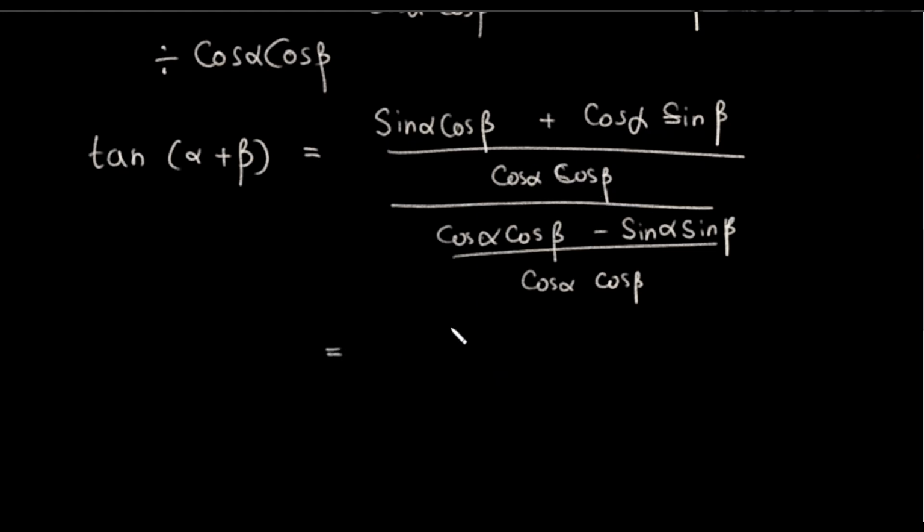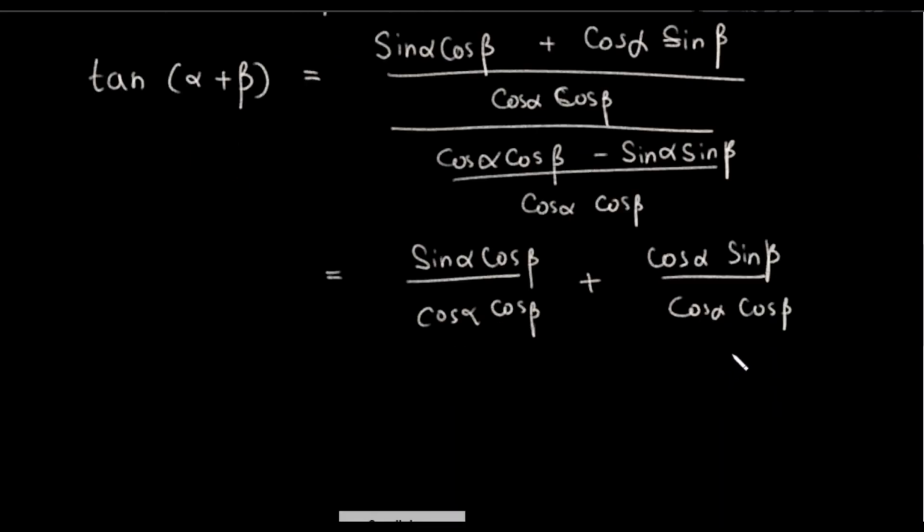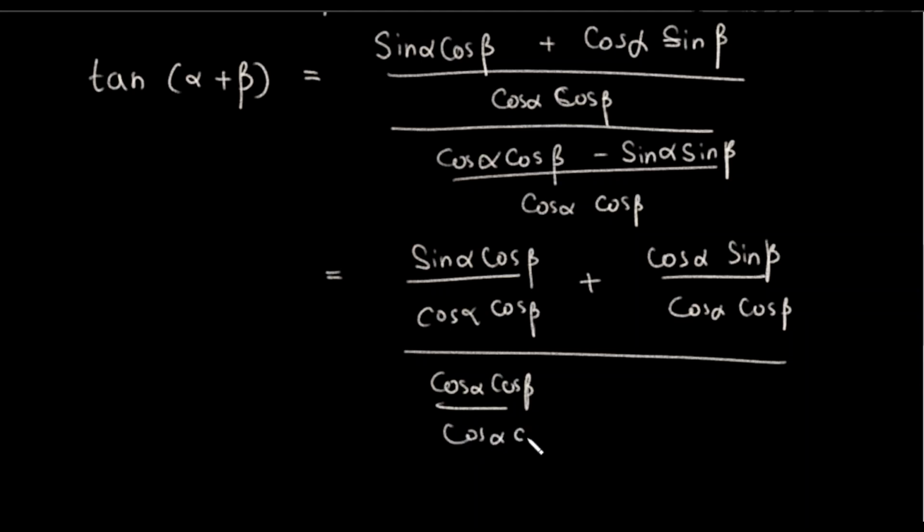Now we can write the numerator as sine alpha cosine beta divided by cosine alpha cosine beta, plus cosine alpha sine beta divided by cosine alpha cosine beta. The denominator can be written as cosine alpha cosine beta divided by cosine alpha cosine beta, minus sine alpha sine beta divided by cosine alpha cosine beta.